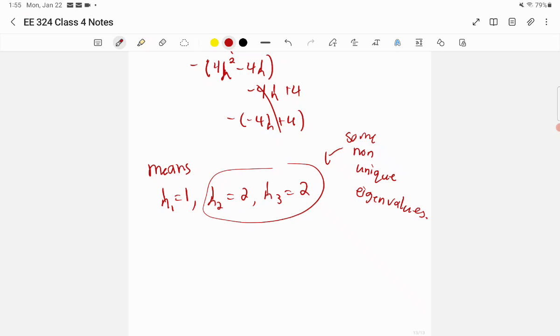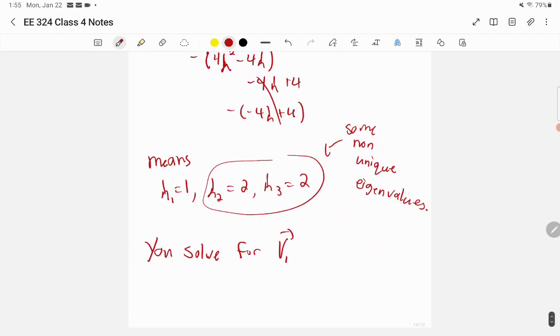You should solve out the first case for the first eigenvector.